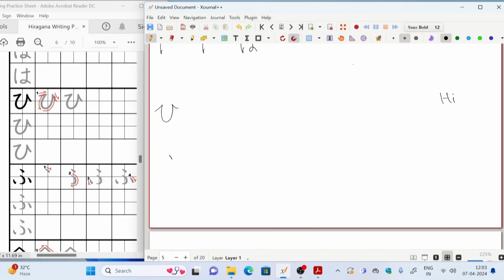So in Japanese we don't have hu, it is fu. Sometimes it also looks like this, and both ways you can write it.